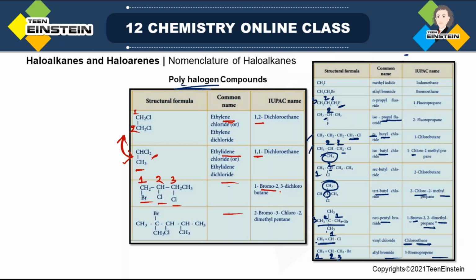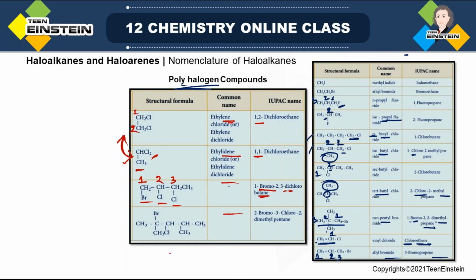No, that is not the reason. We have written bromo first because B comes before C alphabetically. So even if it is 2-bromo, 1-chloro, bromo will still be written first. Fine. So it is 1-bromo, and at 2 and 3 both carbons have chlorine, so 2,3-dichloro, and the longest chain contains a total of 4 carbons. So it is butane.